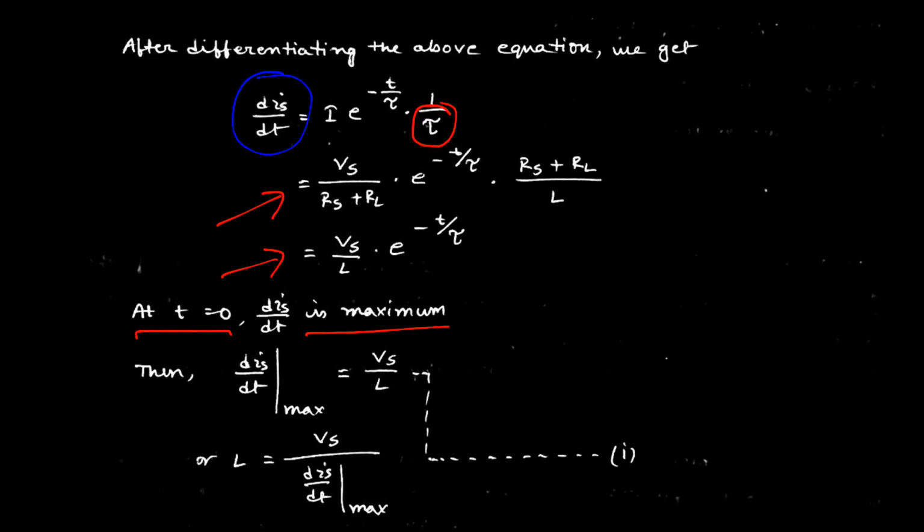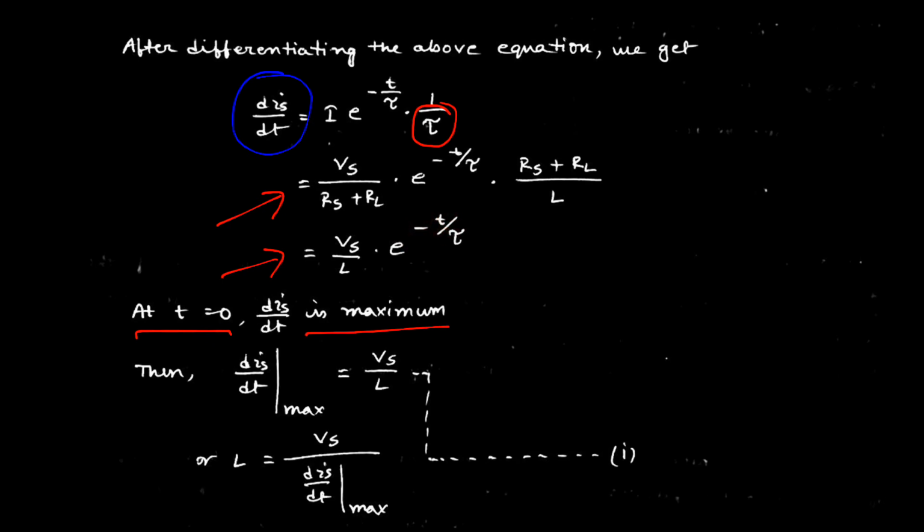Then the maximum value of dI/dt, dIs/dt max, should be equal to Vs by L. As we assume t equal to 0, e to the power 0 gives us 1.